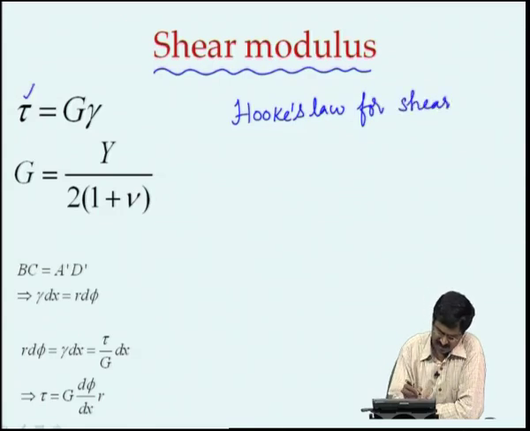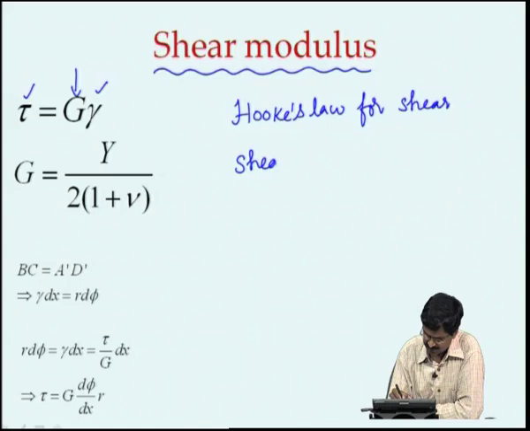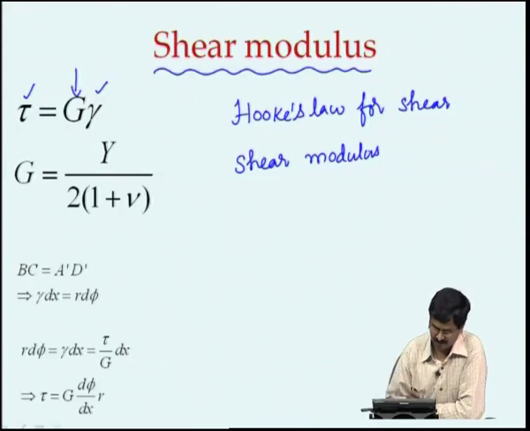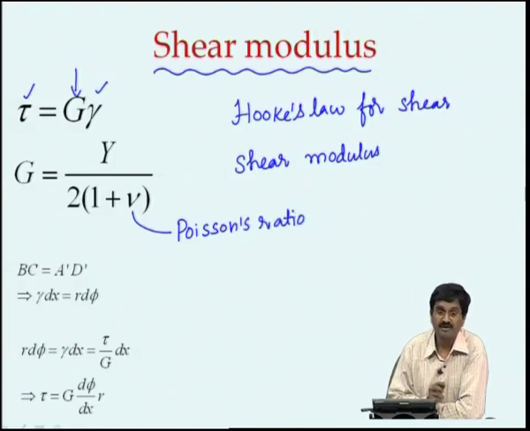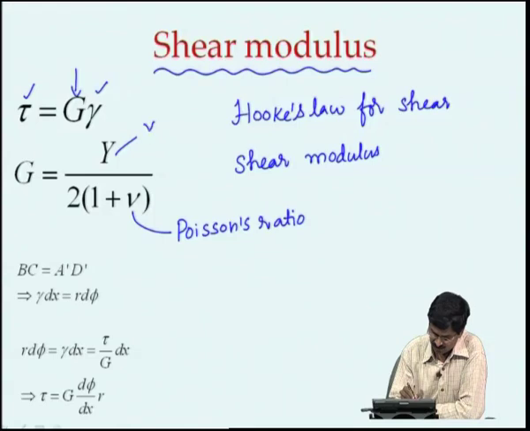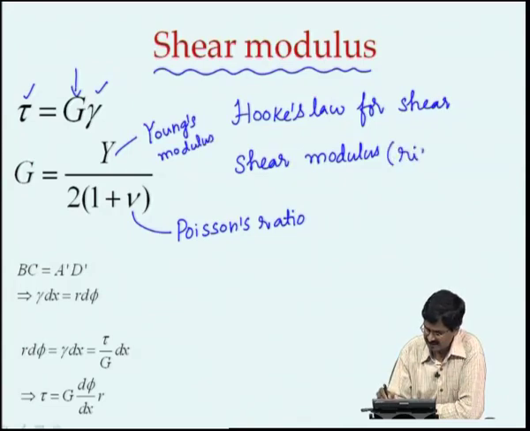If there is a shear stress, there is a shear strain, and we have a modulus which we call shear modulus, because its effect is to shear parallel to the plane. That is related to Y, Young's modulus, and nu, Poisson's ratio. Poisson's ratio is something that we have already discussed in one of the previous lectures. This Poisson's ratio and this Young's modulus give the shear modulus. Sometimes this is also called rigidity modulus.